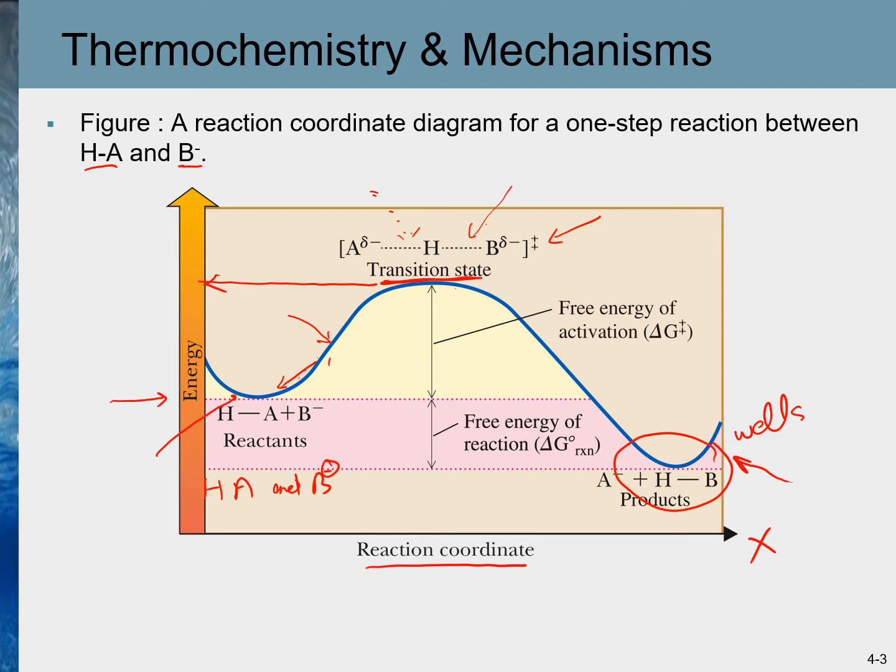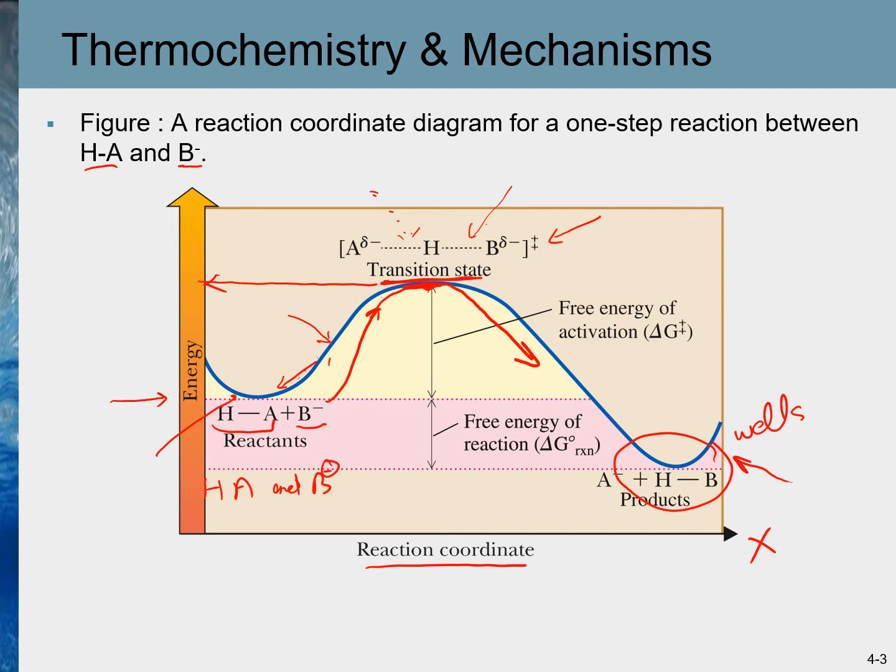So the collisions between the reactants HA and the base B will result in an increase in energy of the system, and those collisions which have high enough energy to go all the way up to the transition state energy will result in formation of product.